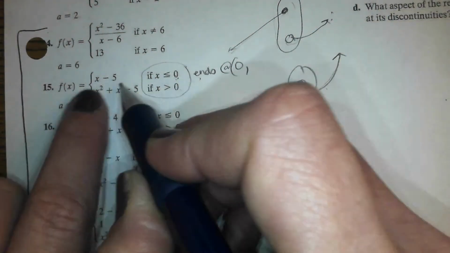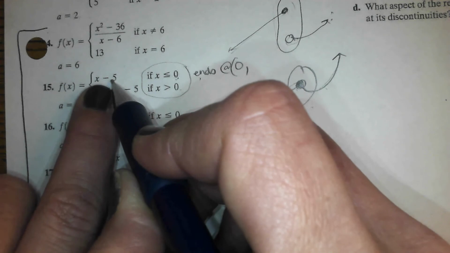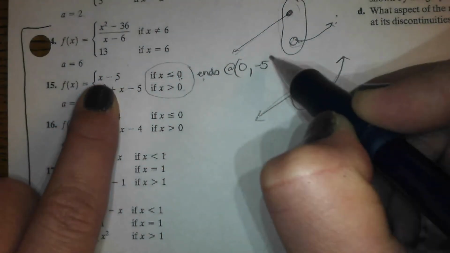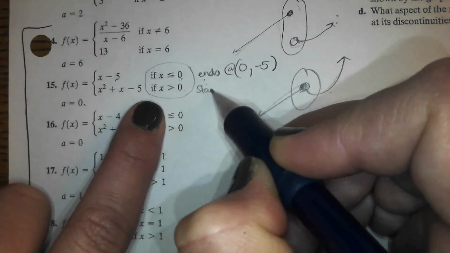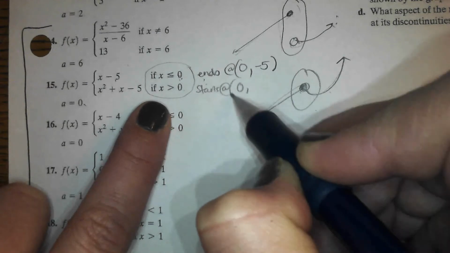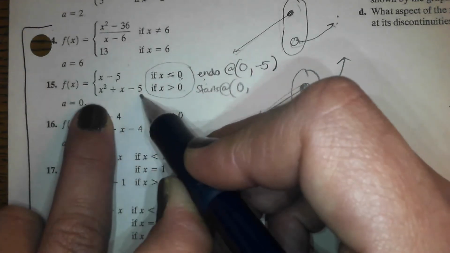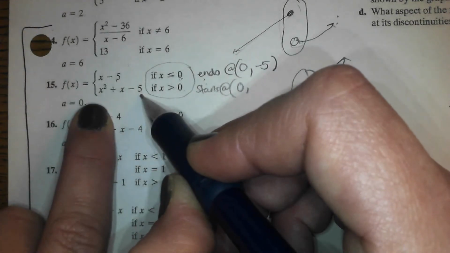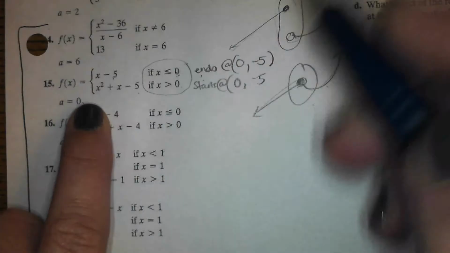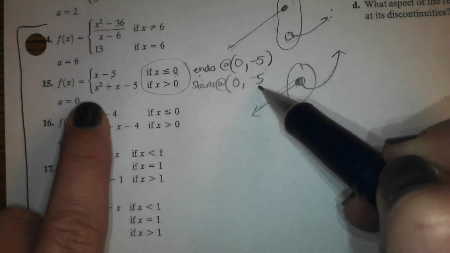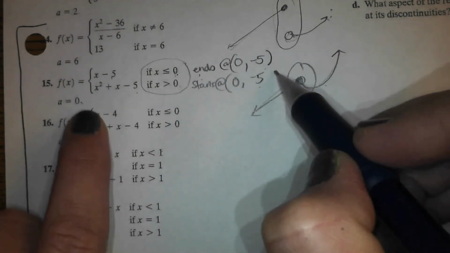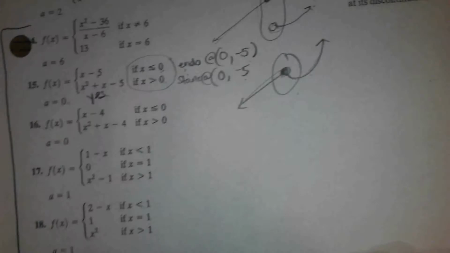So if I plug 0 into here, what do I get? -5. On this one, it starts at 0, comma -5. So since this one ends and starts at the same point, this, yes, would be continuous at 0. Okay?